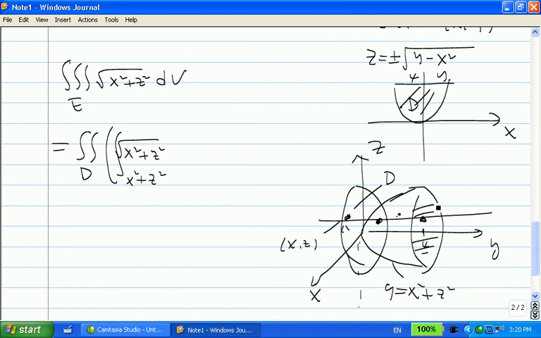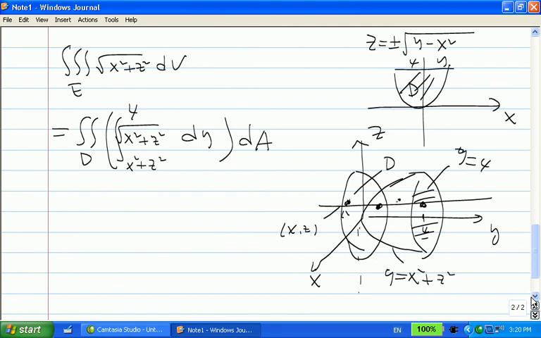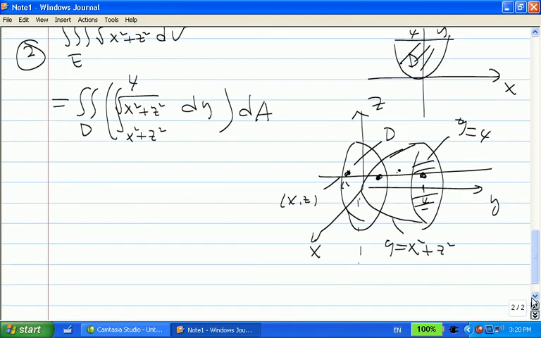What is this surface? y equals 4, which is a plane parallel with the xz plane. So y equals 4 is your top surface. And then you have dy, then the whole thing dA. For this problem, if you use the second way, you're going to see your integral is much easier to integrate.